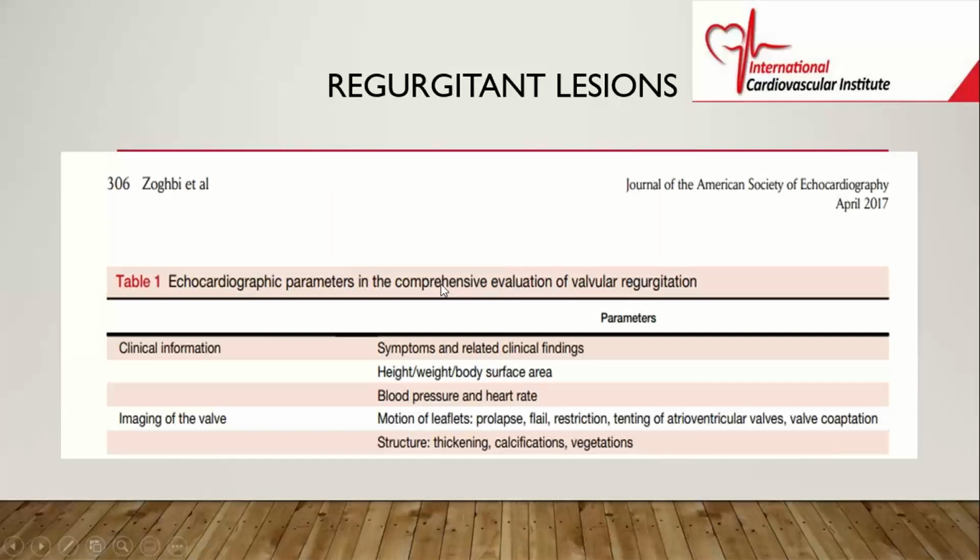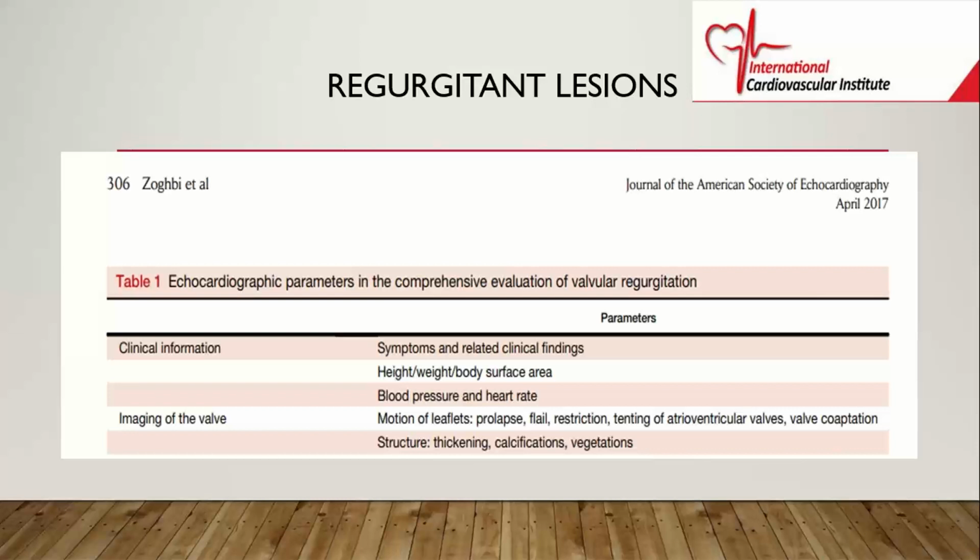So the echo parameters that we're going to use in a comprehensive evaluation. When the patient comes in, even though you may be a technician or a physician, you're going to get some clinical information. Symptoms: patient short of breath with exertion, patient short of breath at rest.